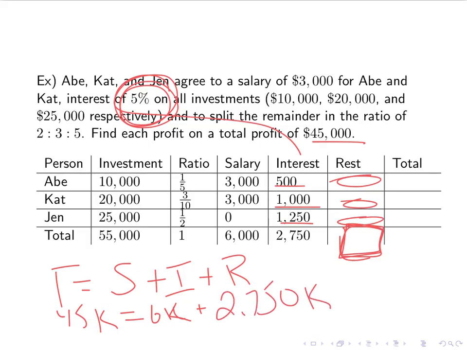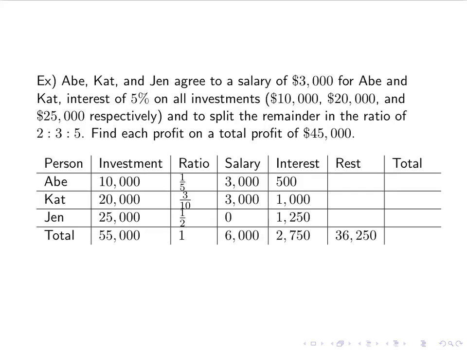What is that? Plus the rest. So I'm going to take the total, subtract the salary, subtract the interest, and that's going to give me my rest. Okay? So I should be getting 36,250. So again, I know this total needs to be 45,000.